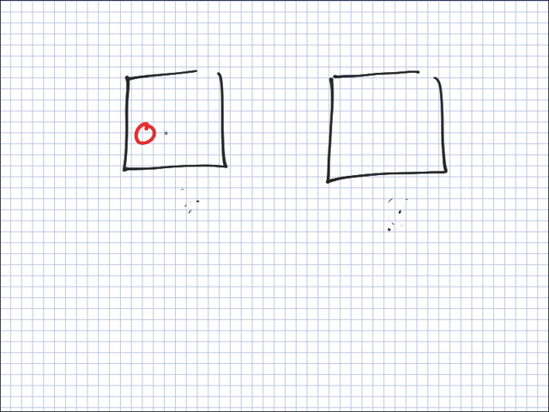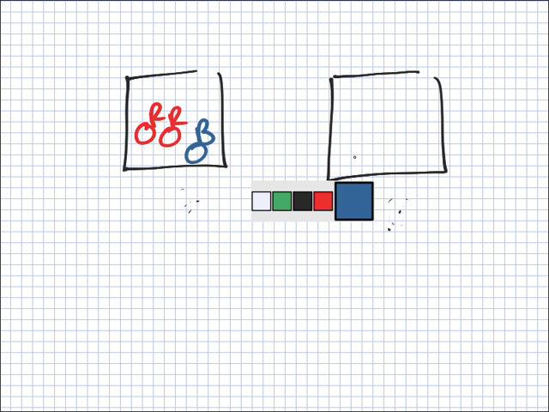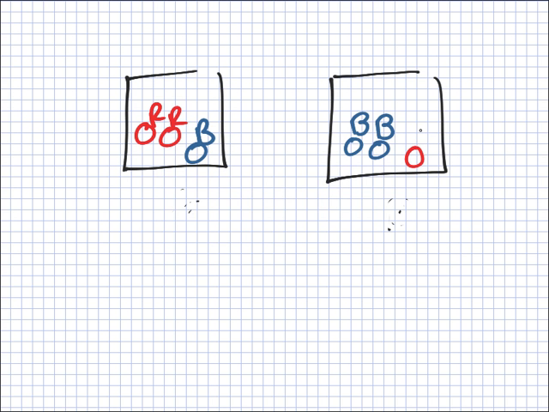So one of the boxes has 2 reds and 1 blue, and the other one has 2 blues and 1 red, and you can call them A and B if you want, it doesn't matter.